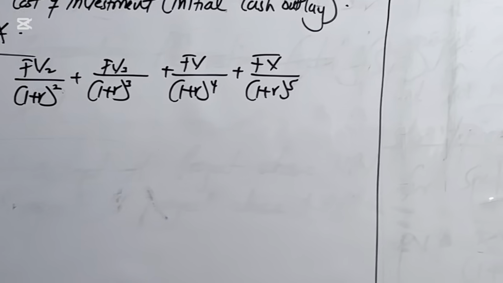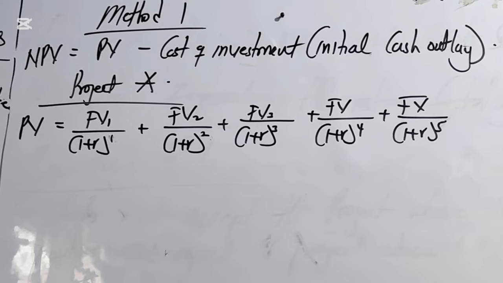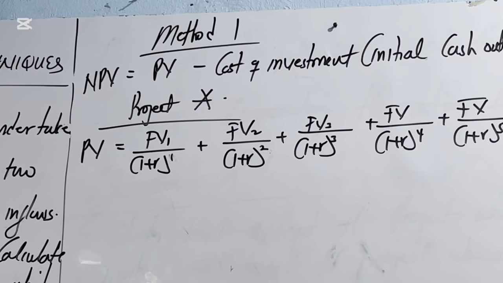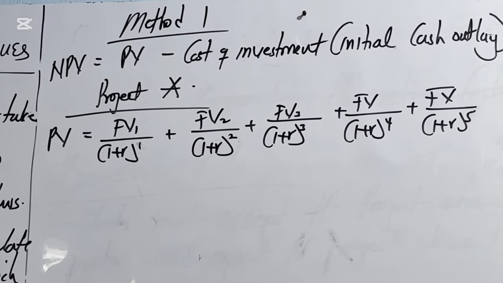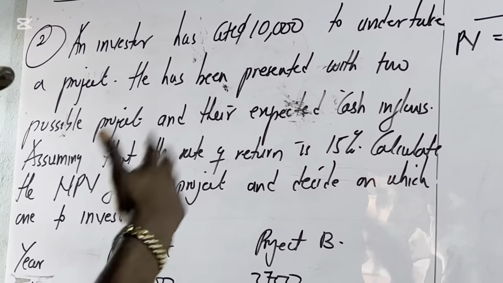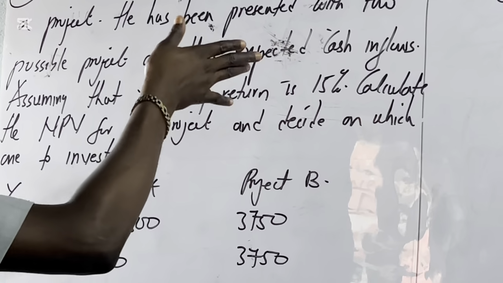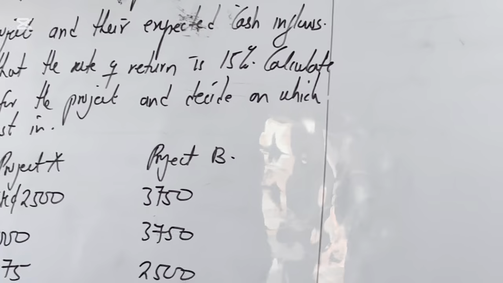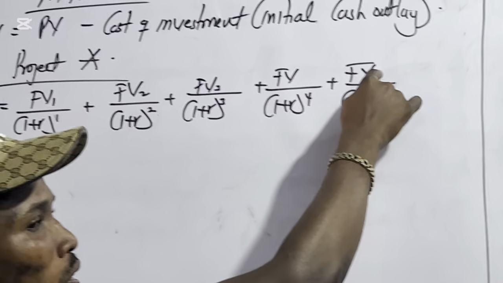Assuming there is a scrap value, maybe we are selling it at the end of the period, depending on the question. Say if at the end of the year we decide to sell project A, the scrap value is 20,000. You add the 20,000 to this.